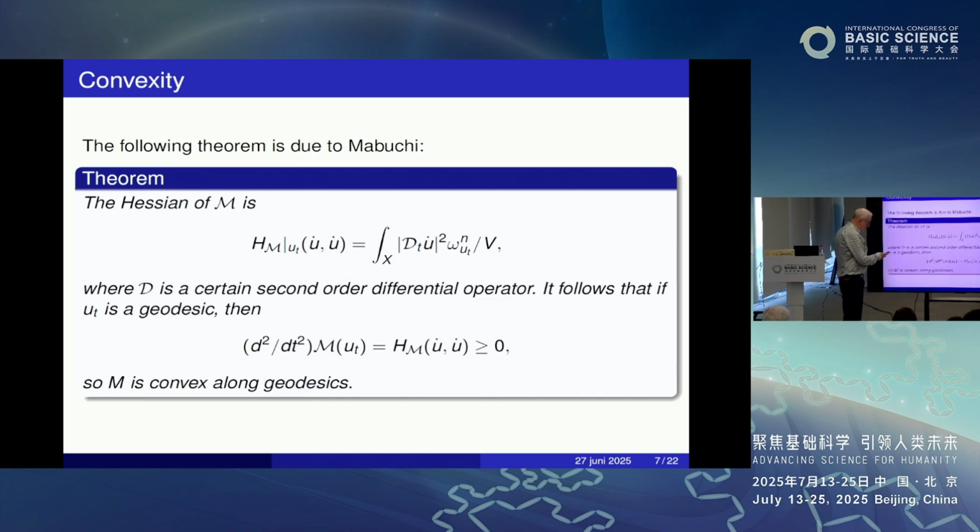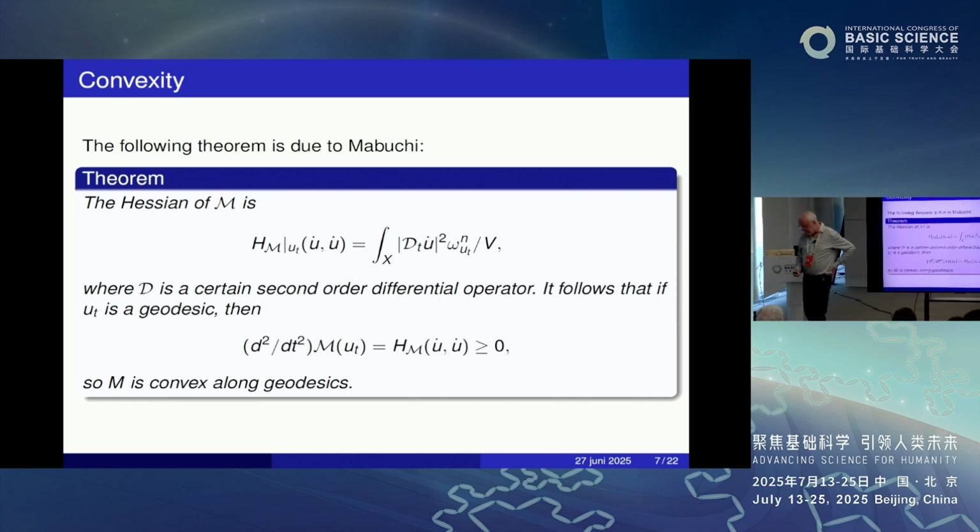So, as a consequence of that, the second derivative of the K-energy along a geodesic is equal to the Hessian acting on the tangent vector, and that's non-negative. So it means that this function M here is convex along geodesics.